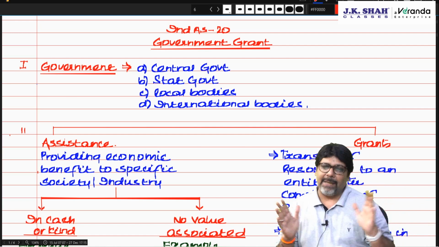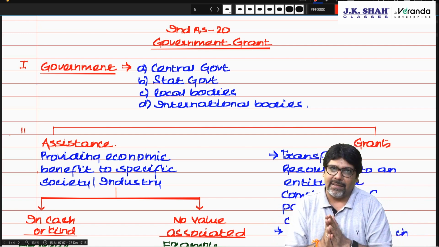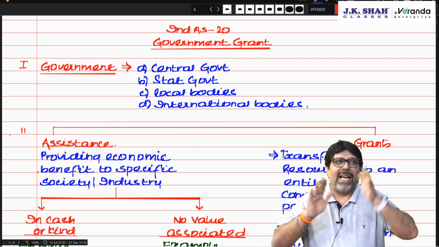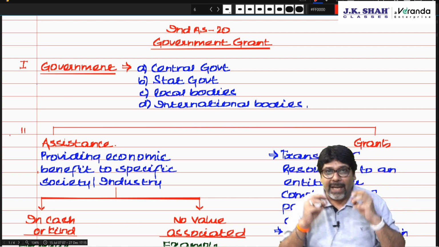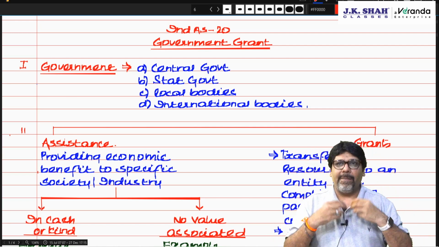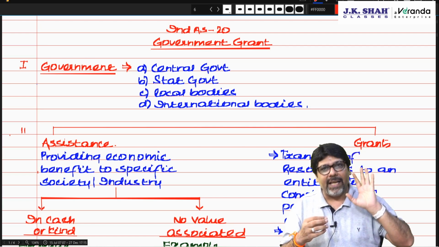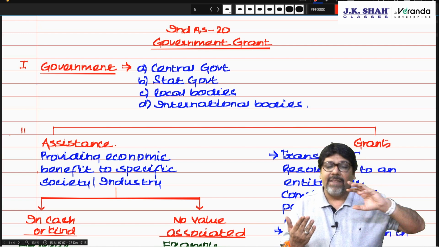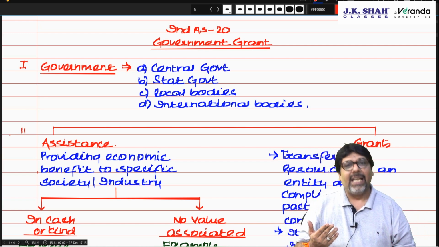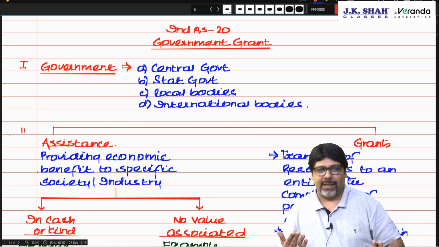So again, let me summarize government grant and assistance. Assistance is an economic benefit which is provided by the government to a specific industry, which can be valued in terms of money, or cannot be valued in terms of money. Which can be valued in terms of money should be accounted as government grant.